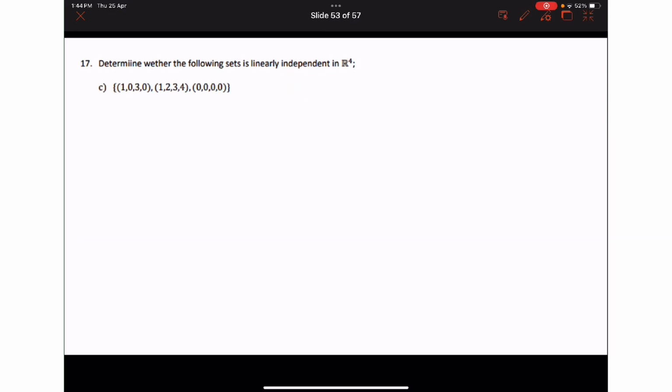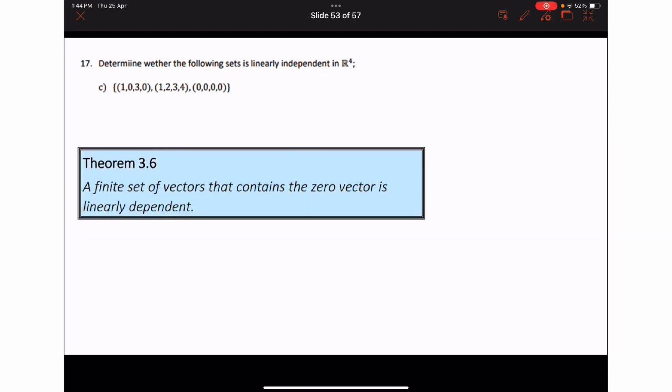For C, we are going to use the help of theorem 3.6. It says that for any vector space, a finite set of vectors that contains the zero vector is linearly dependent. So first of all, we have to identify the zero vector in the vector space. Here, the vector space that we are considering is R4 with standard addition and scalar multiplication.